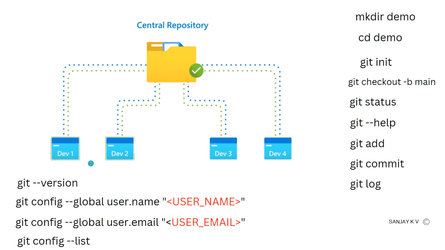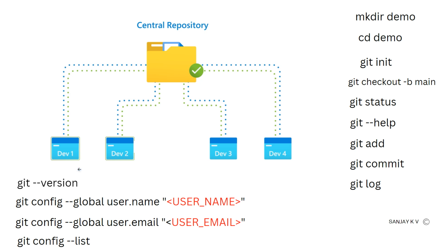And due to the Git version control system, these developers will push all the changes into the remote repository, which is the central repository. So that's how collaboration is made possible. Now this function is called Git, and GitHub is a cloud platform that uses Git as a core technology.